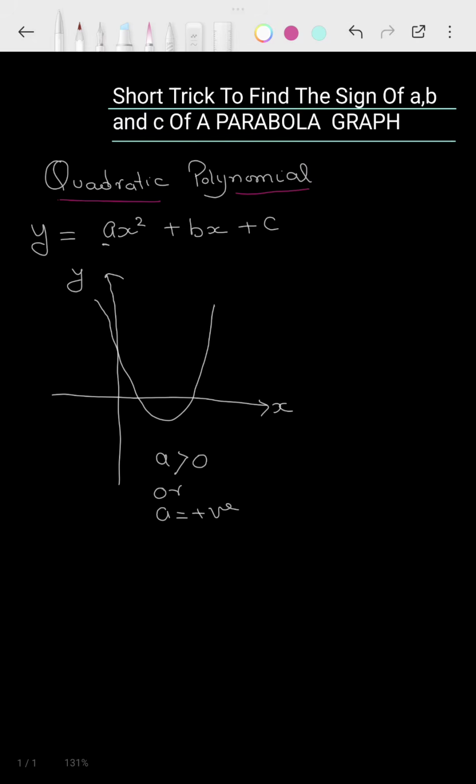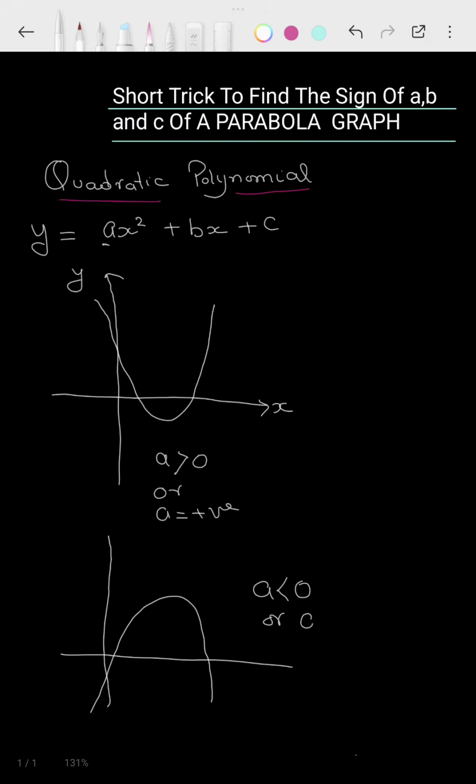If we obtain a graph opening downwards, somewhat like this, in such a case a is less than 0, or we can say a is negative.